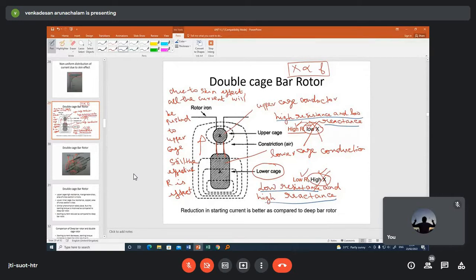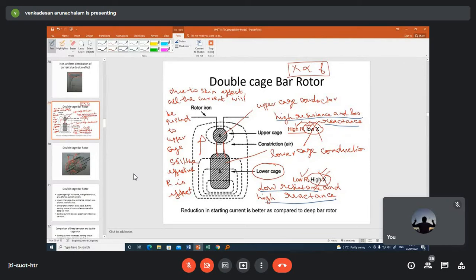Already the effective resistance is increased, and all the currents are pushed towards the upper cage, but the upper cage is having high resistance. So the effective resistance of the conductor is further increased. So the starting current is reduced, and that is better when compared to the deep bar rotor.